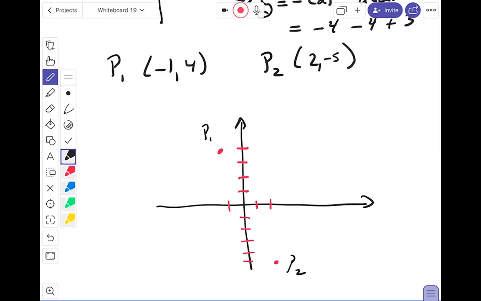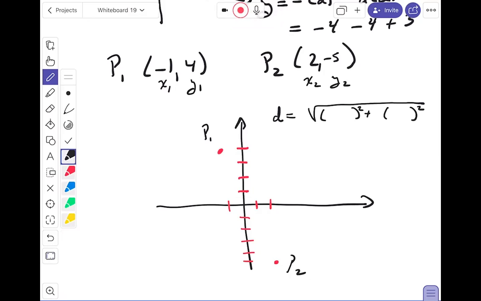All right, now what do they want me to do? They say graph the ordered pairs. Well, I've done that. They want me to find the distance. I'll write this down for you. This is x1, minus 1. I'm sorry, I'm really daydreaming here, aren't I? It's y1. This is x2. This is y2. Well, I'm getting better with the formulas. What's d equal? Just writing it down. So let's see.